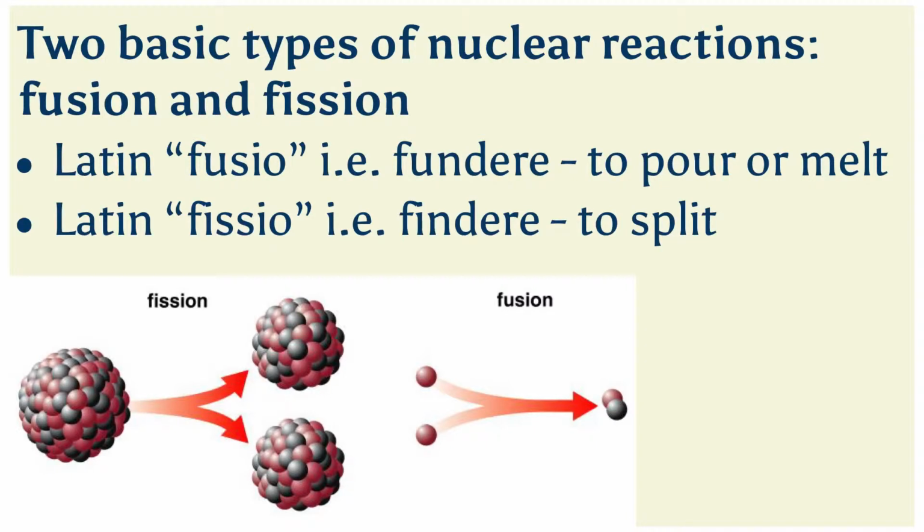There are two basic types of nuclear reactions, fusion and fission. Fusion comes from the Latin fusio, meaning to pour or melt. Fission, with an F-I-S, comes from the Latin for to split.